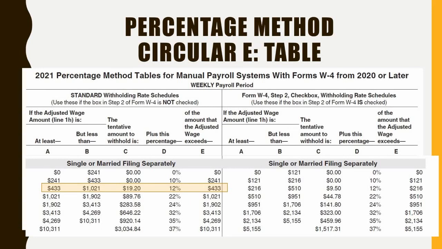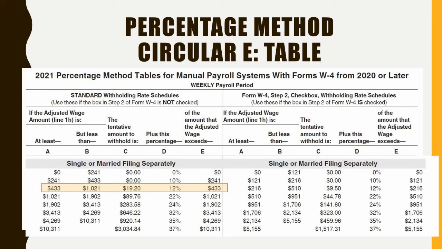Now, how do we read the rest of the table? C, D, and E. In this case, we need to work backwards. E is going to be the total amount that the government lets you keep without taxes. So she can claim up to $433 to herself. Any dollar over that is going to be subject to a 12% tax.